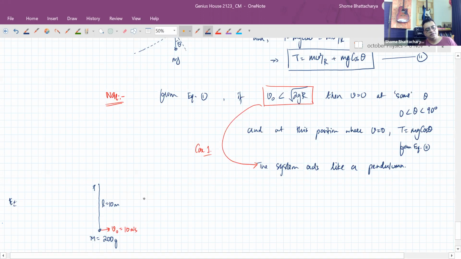Take the value of acceleration due to gravity as 10 meters per second square. So first of all, find the maximum angular displacement from the starting point.